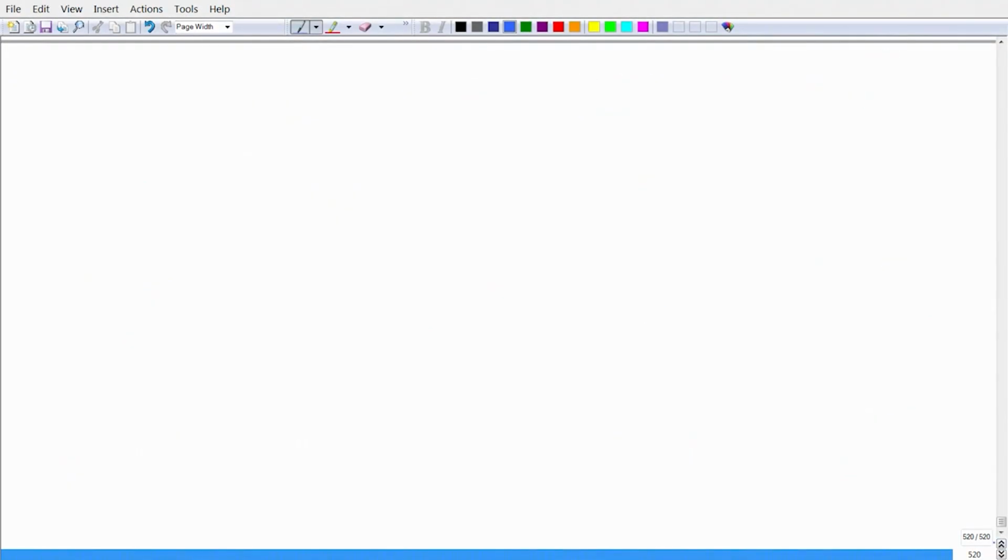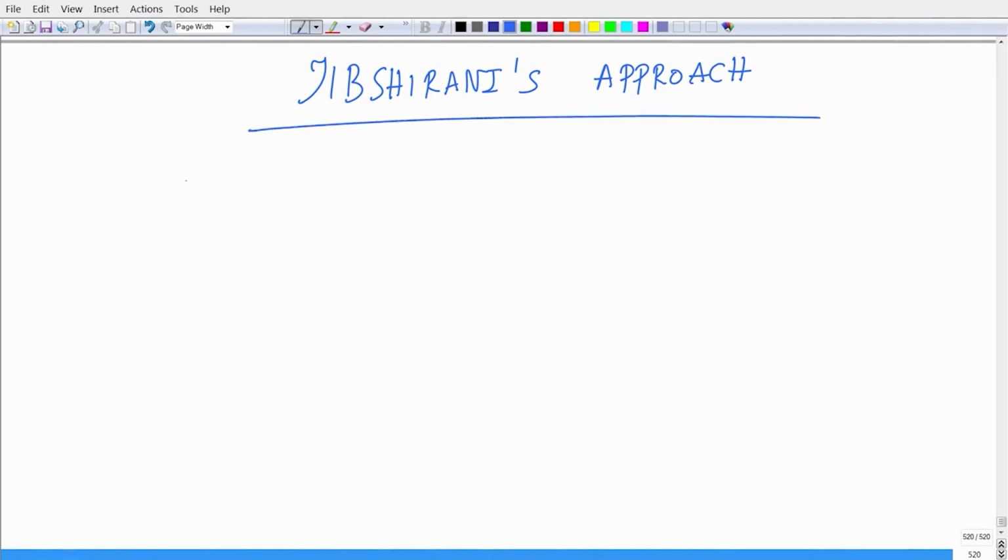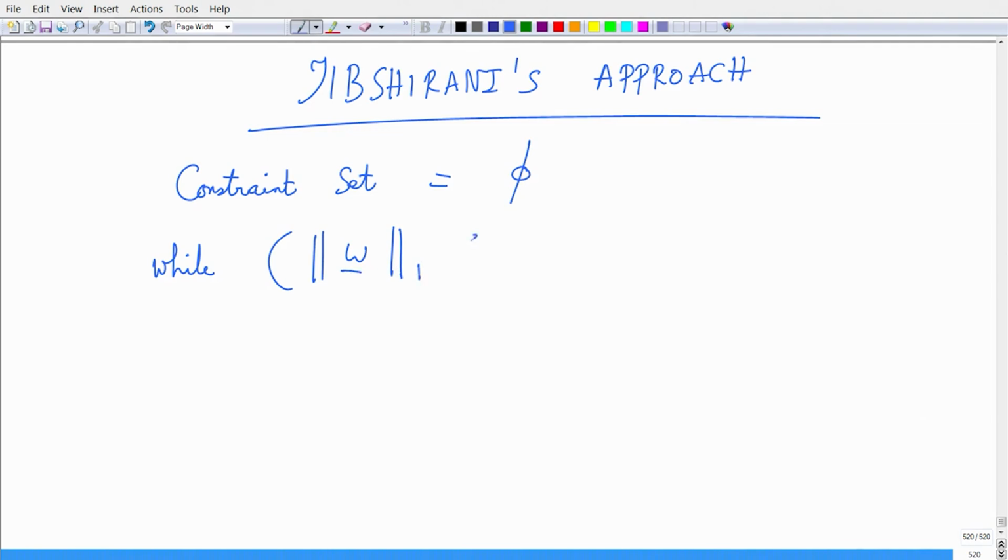Okay. But let us see what you would do to solve this problem. I will mention Tibshirani's approach. So, we start with the constraint set which is null, and you go through this loop while the L1 norm of this weight vector is less than or equal to t.